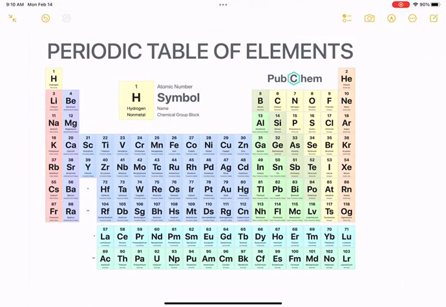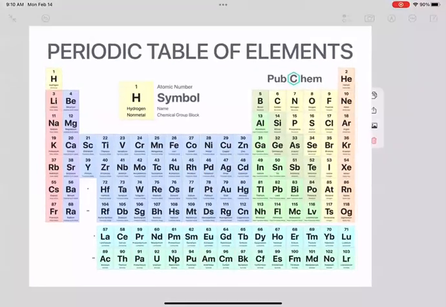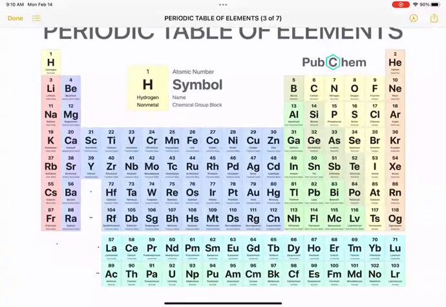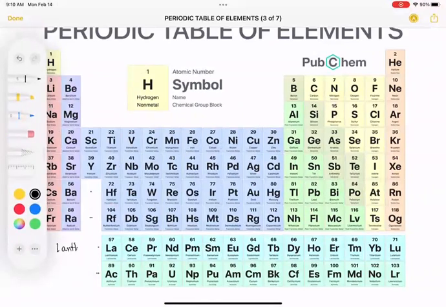This is the version of the periodic table that most people are familiar with, with the lanthanides and actinides being listed at the bottom.